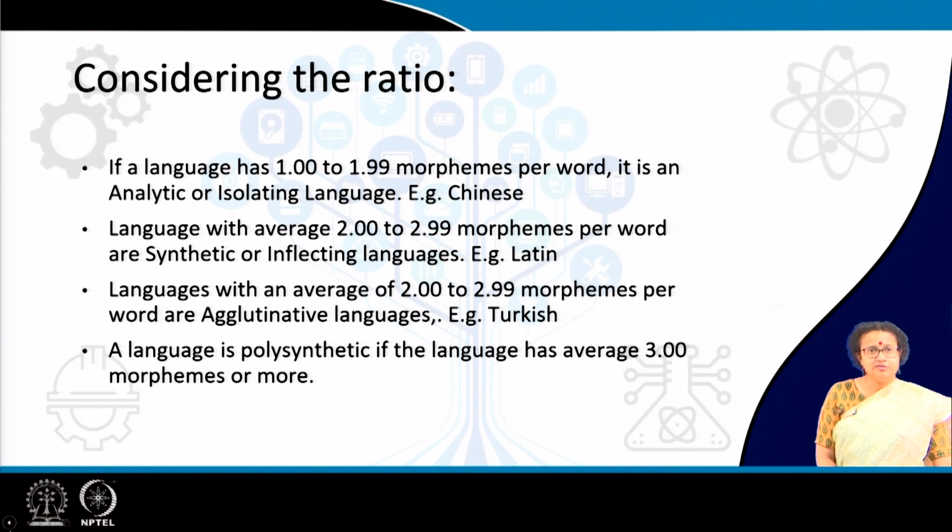And the fourth one is polysynthetic or incorporating. You can say that a language is polysynthetic if it has an average of 3 morphemes or more. If you remember the Greenlandic data, you have basically one word where multiple morphs are put together, and it is basically an incorporating language.